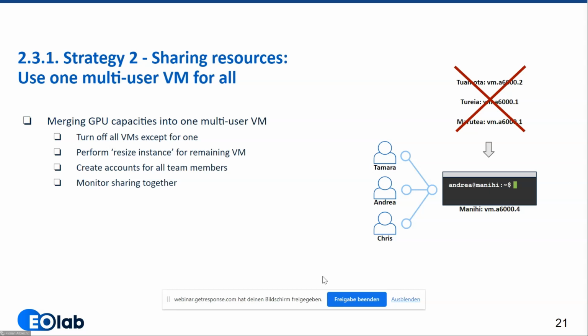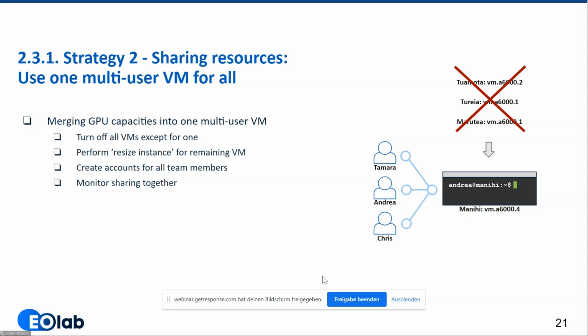What you would do is turn off all virtual machines except for one. You would perform resize instance for that remaining virtual machine, so you can keep that one virtual machine setting and do this. And then you can create accounts for all team members.